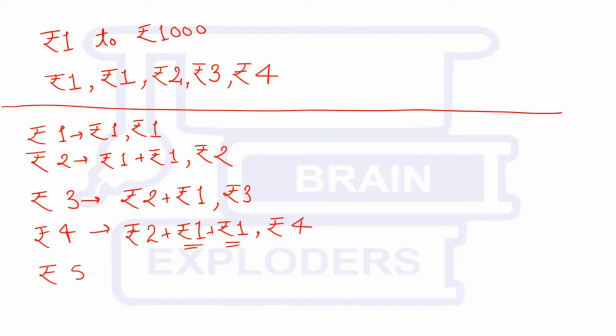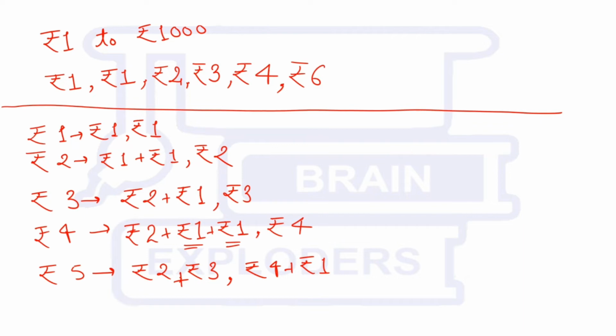For rupees 5, it is possible to pay rupees 5 in two ways, like rupee 2 with rupee 3 make a sum of 5, and rupee 4 note plus 1. In this way we can proceed. You can pay rupee 6 like rupees 4... no, you cannot pay rupee 6 twice, so you must include a rupee 6 note also.